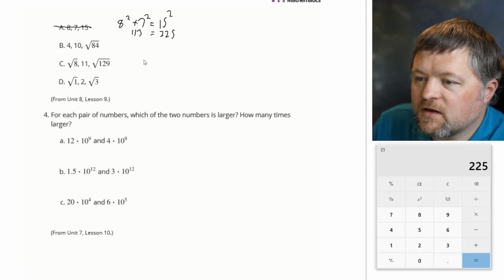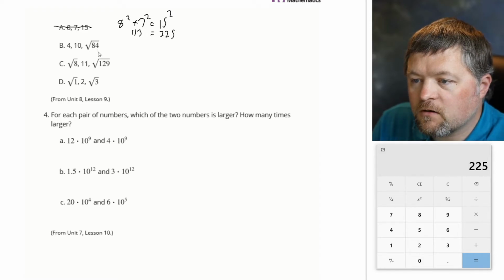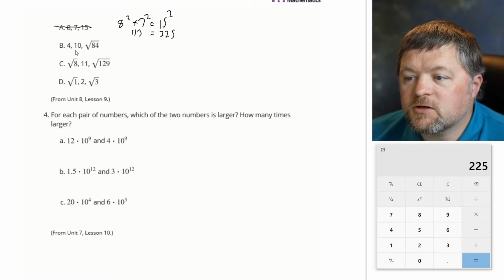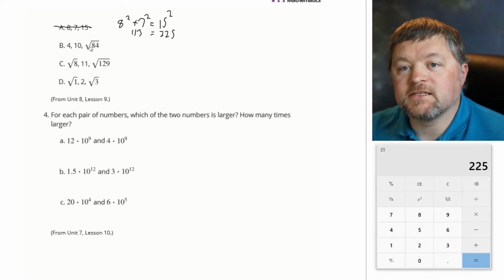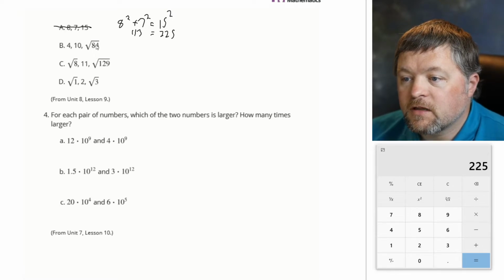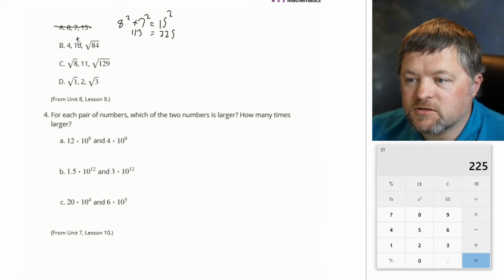Okay, for the next one, we have 4, 10, and the square root of 84. So first off, we have to know which one of these sides is longest so that it's the hypotenuse. The square root of 100 is 10, so the square root of 84 is less than that. So the 10 must be our hypotenuse.